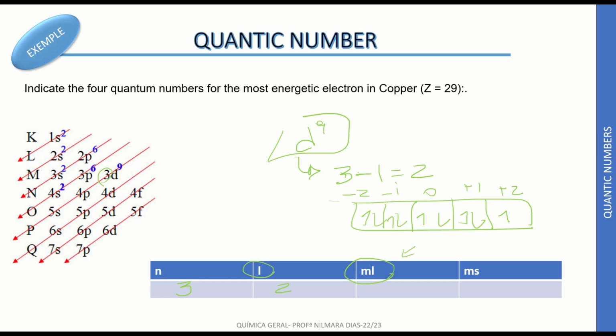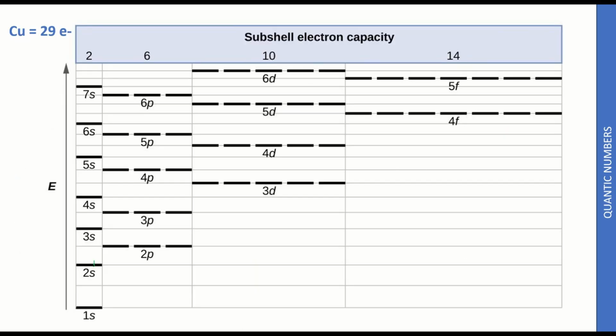So ML will be +1, and MS will be +0.5. Okay? Good? Can I have ML equal +3 when I have L equal 2? No, right? Because it will be from -2 to +2. Pay attention to that.